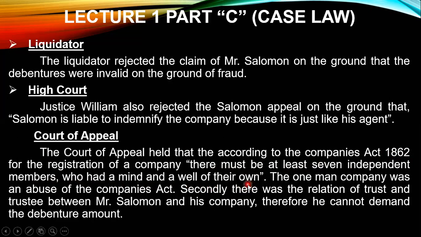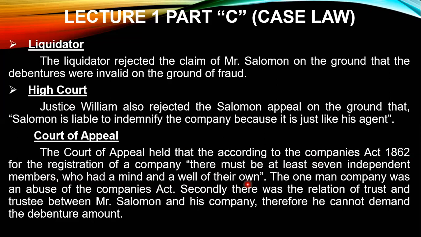This is the statement given by the Court of Appeal, which says there must be at least 7 members. At that time, for the registration of a company, the minimum number of members required was 7.